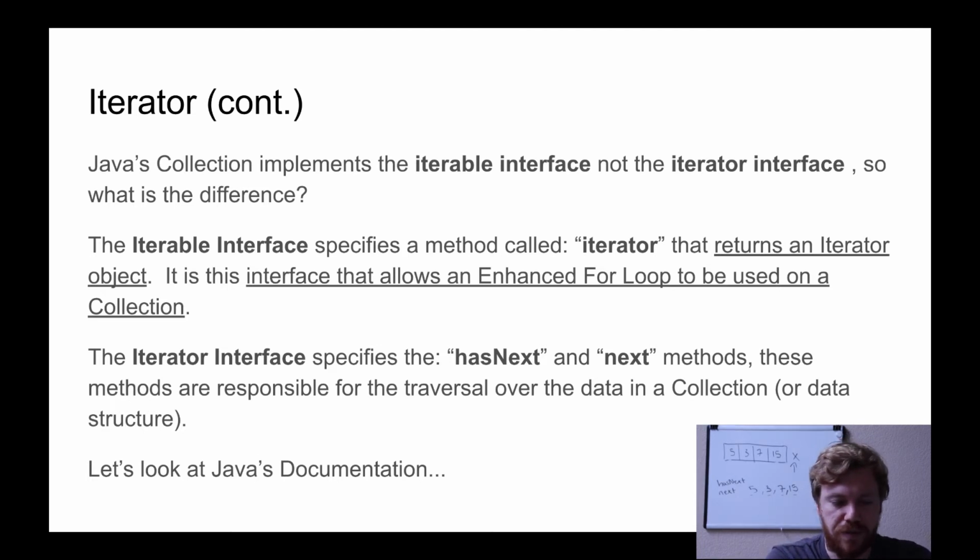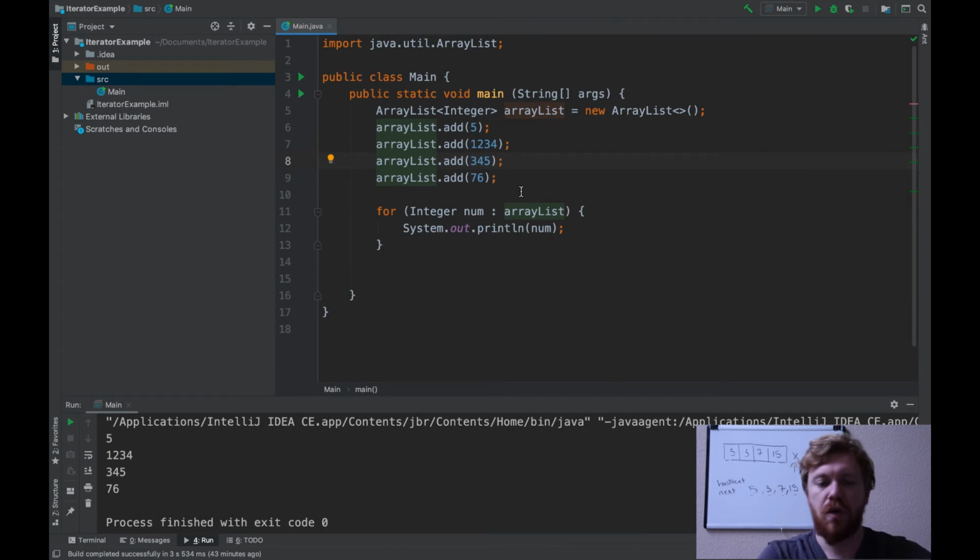So it says, let's look at Java's documentation, but really I want to go to our IDE. So what we're going to do here is make our own little data structure. It's going to be very rudimentary, but the main purpose of it is going to be adding elements and then using an iterator to iterate through those elements.